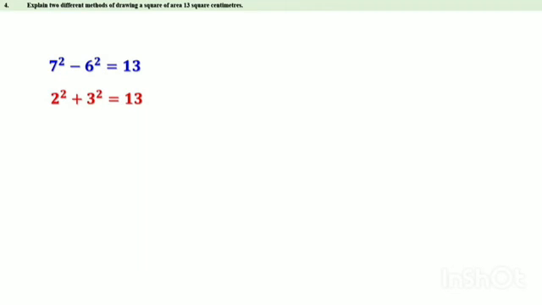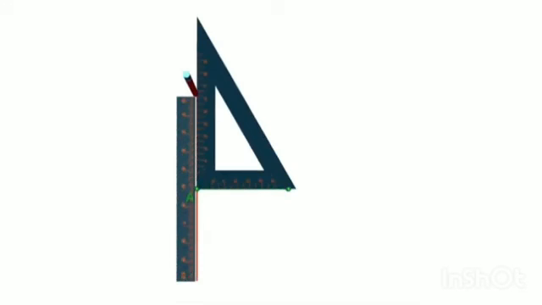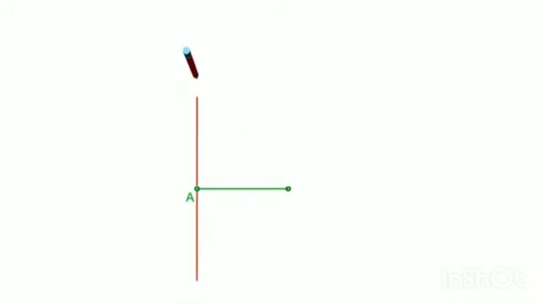Let us see how to draw it. First of all, draw a line. Let one end of the line be A. Through the point A, draw a perpendicular to this line. Mark a point B 6 centimeter away from this point.